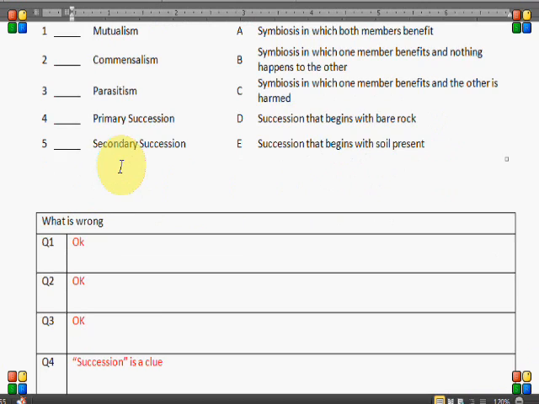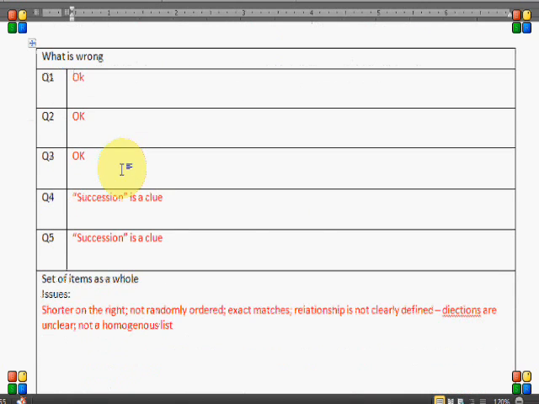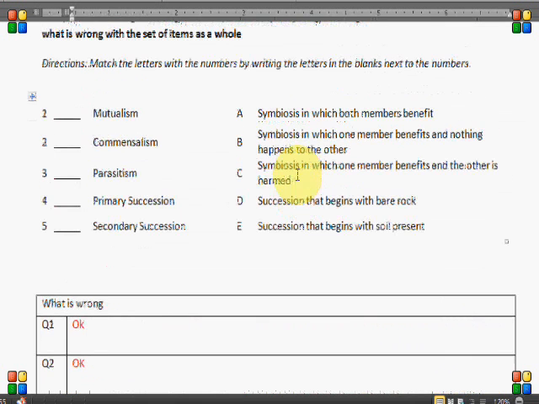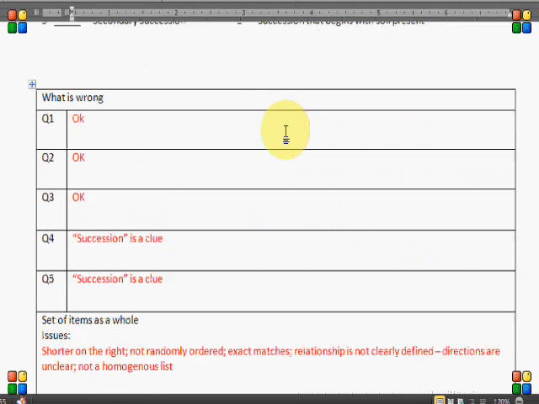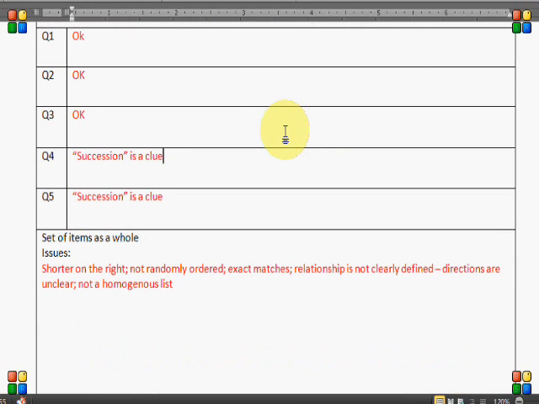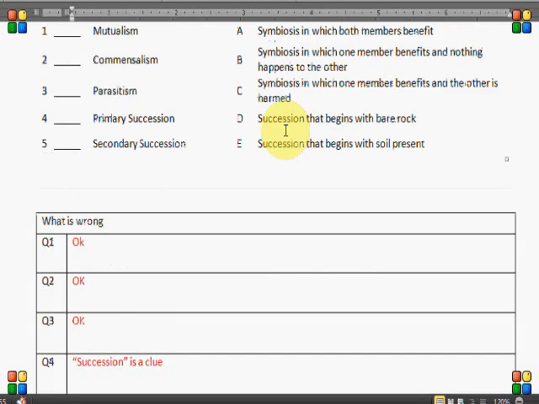With matching, there will be a lot of the problems in the items as a whole. Being a homogeneous list, that's items as a whole. Having the shorter things on the right, you could say that about each item, but it is more a thing as a whole. I wouldn't take off if you put it in each item because it is true for each item.